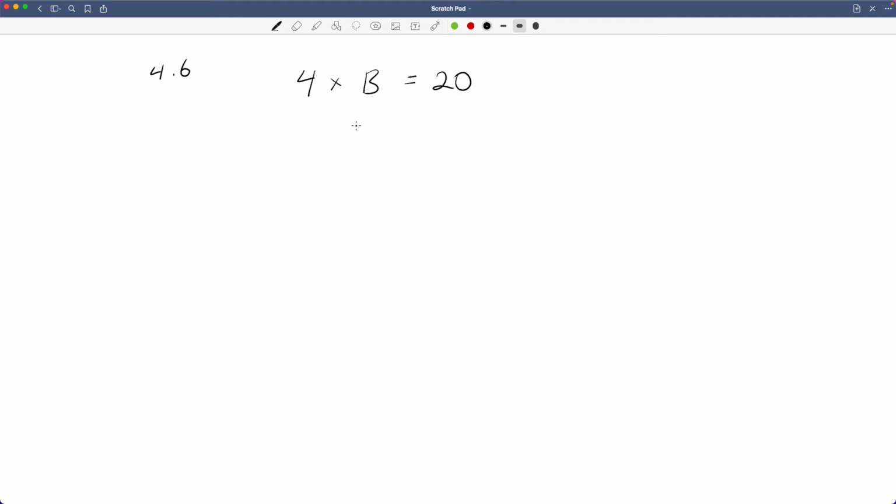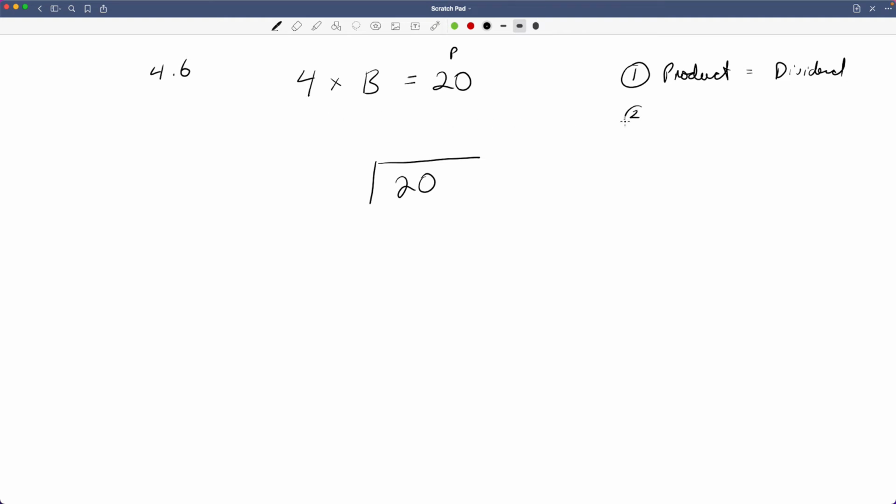We turn it from a multiplication problem into a division problem, and we put it in the long box. And we know the product is here, so we put that in the box. And then the factor that we know becomes the divisor.